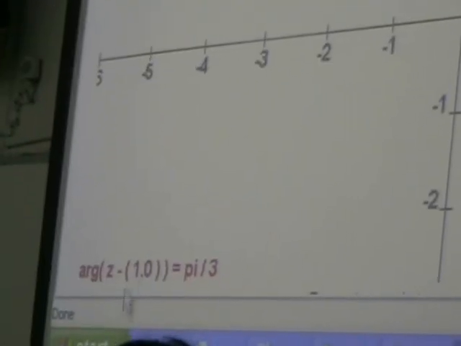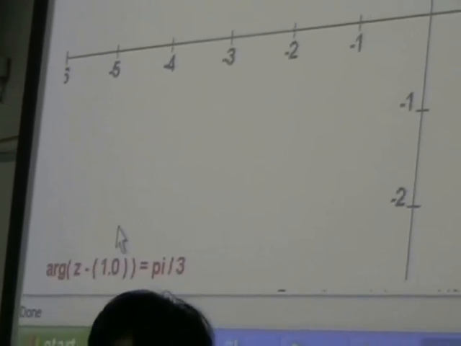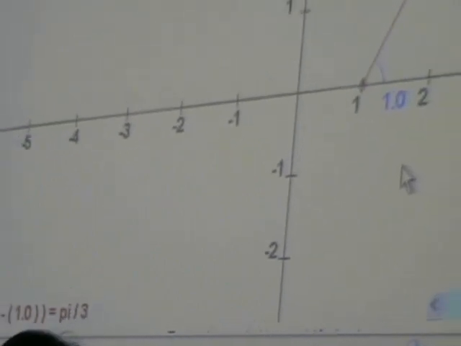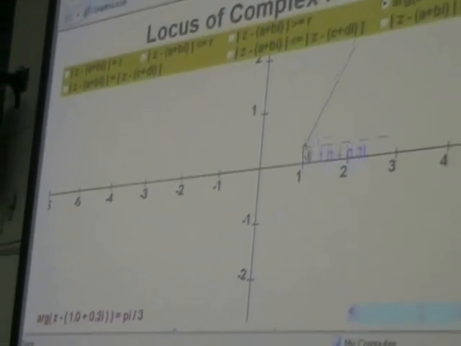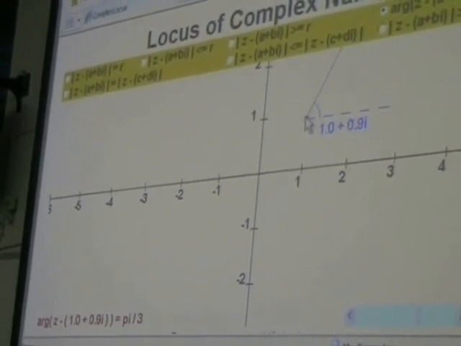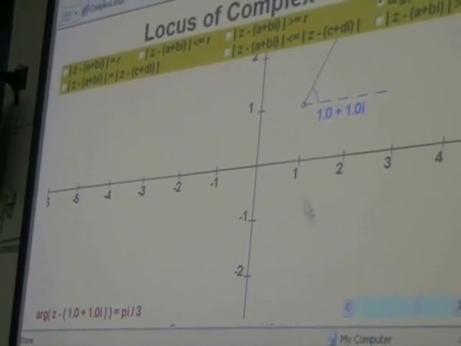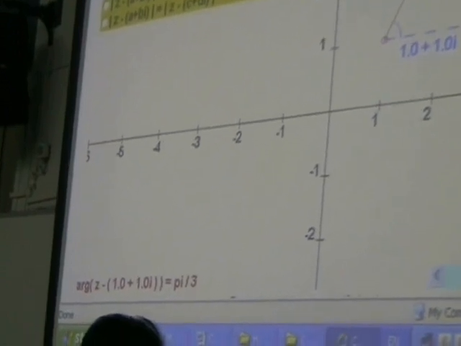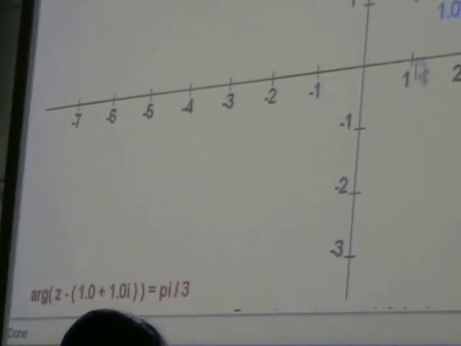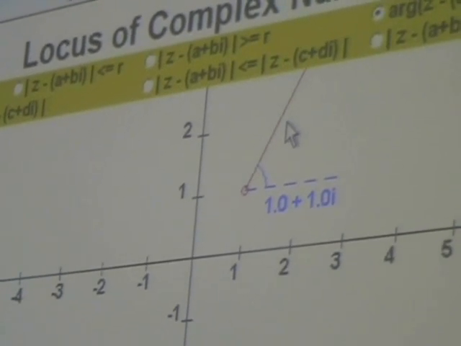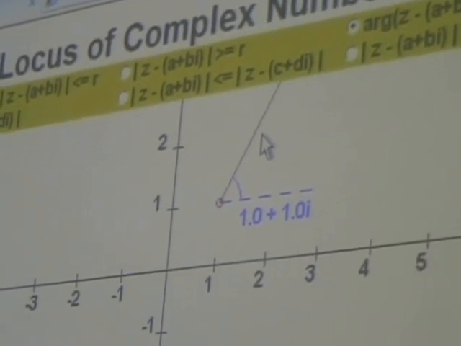Here I have a simple case of a real number. It can be any complex number. I can shift this point to, let's say, 1 plus i. Zoom out a bit. Then all the locus will still lie on this straight line, but now I don't measure the argument from the origin anymore.